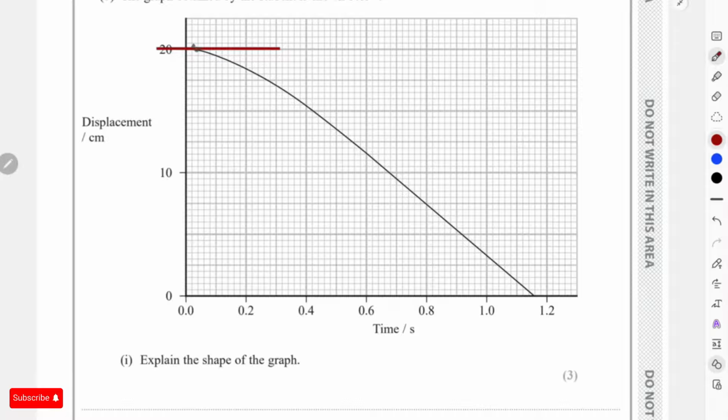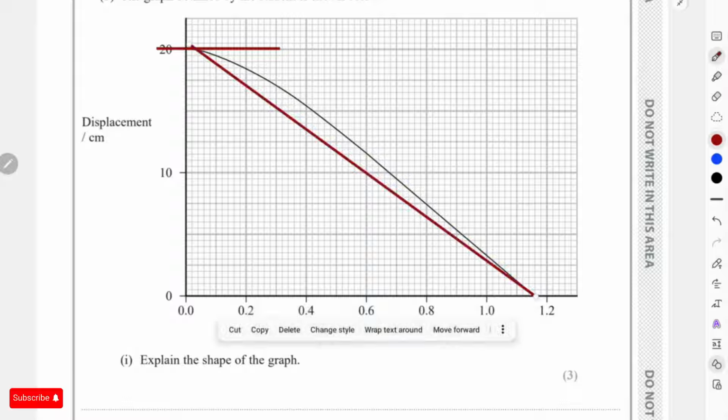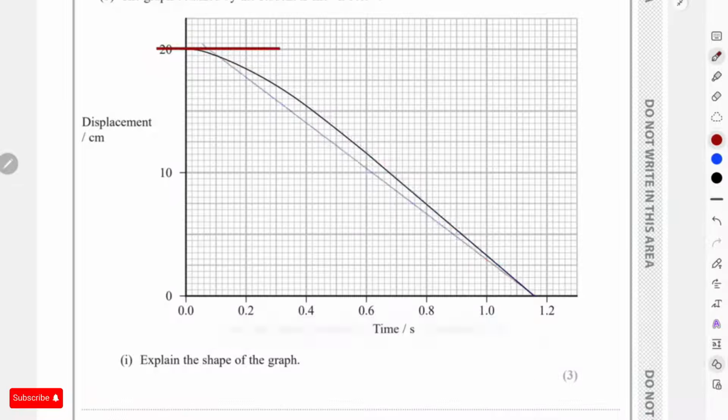Then again, if I draw a straight line, I'll try to make it a tangent so that I can understand which portion of the graph is actually a straight line. I can clearly see that this section of your graph is not a straight line. That means during these sections, from 0.04 to almost 0.4 seconds, your object was maybe accelerating.